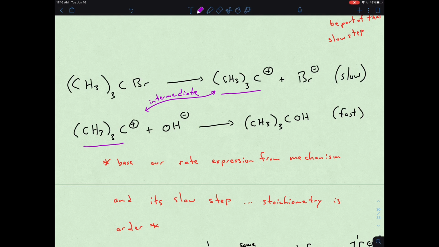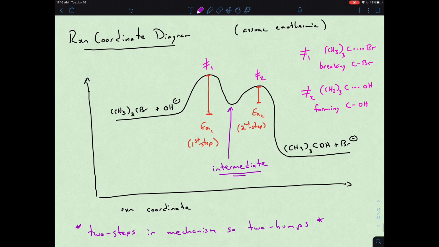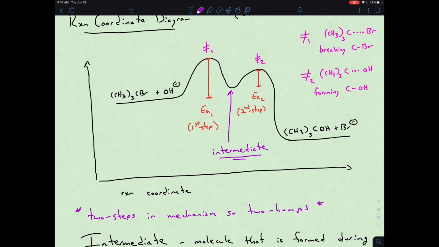Because of that idea that it's just intermediary within the transformation of going from starting materials to product. It's produced, it has a lifetime, but at some point later on it gets used up. So our intermediate here is, again, that carbocation.